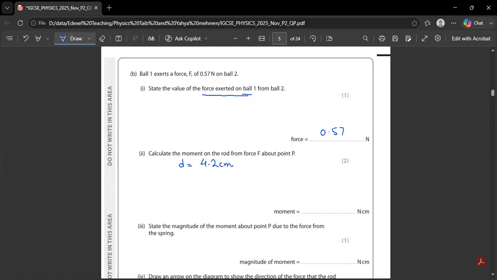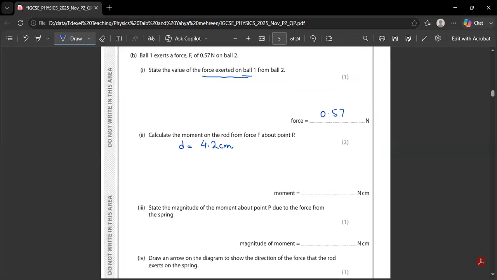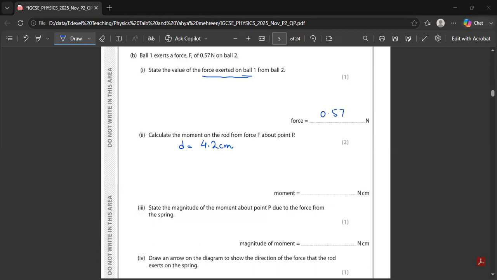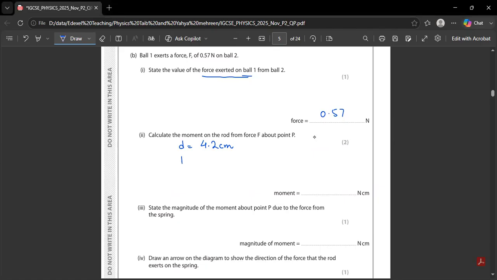And what will be the amount of force? This is going to be 0.57. The force is 0.57 Newton, right?